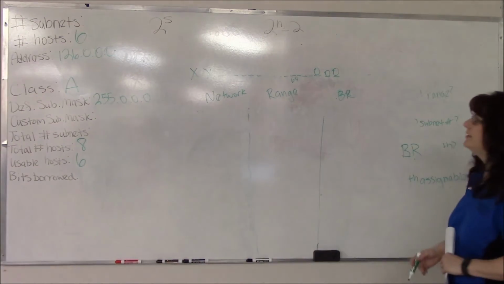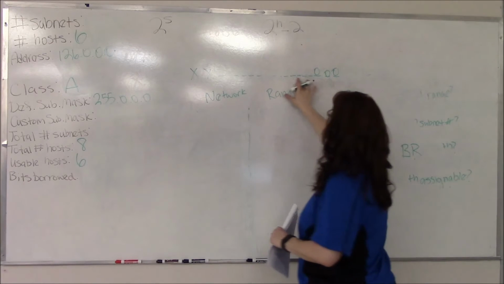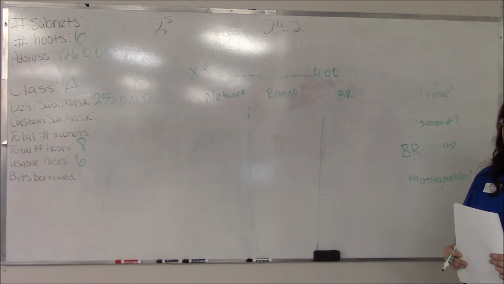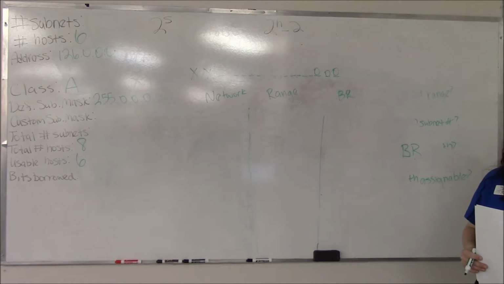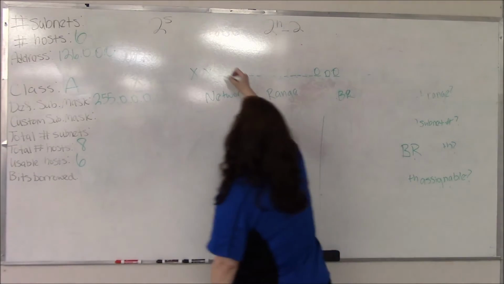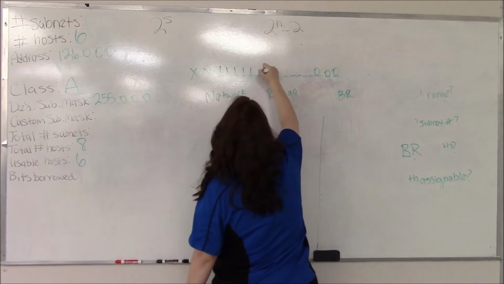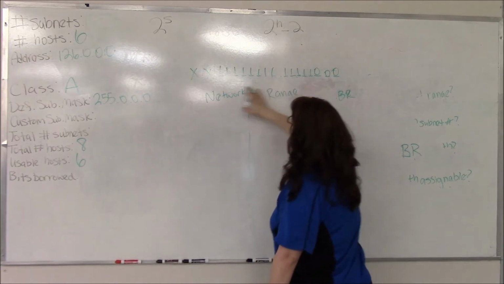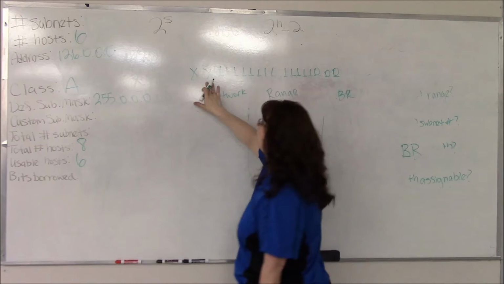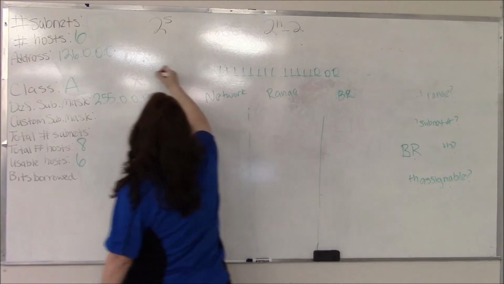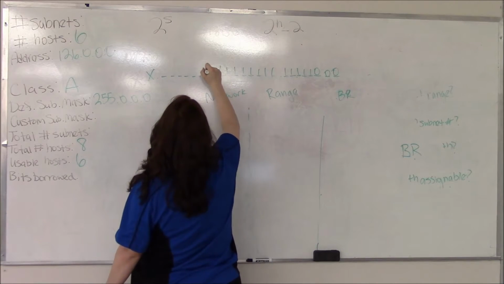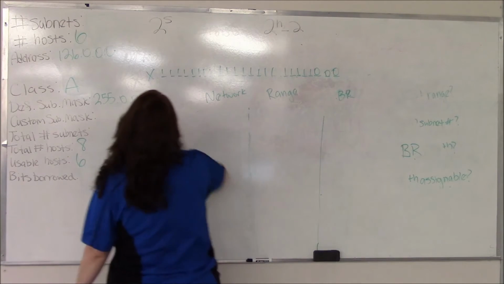Heavens above, how many bits does that mean I have to borrow? 21. 1, 2, 3, 4, 5, 6, 7, 8, 9, 10, 11, 12, 13. And these 8 as well, right? 14, 15, 16, 17, 18, 19, 20, 21.